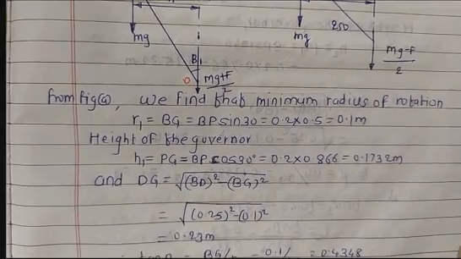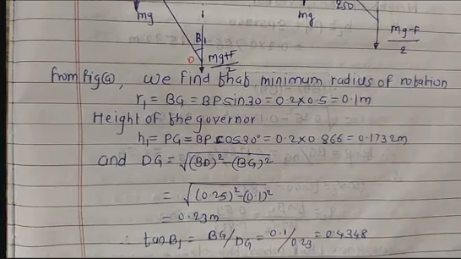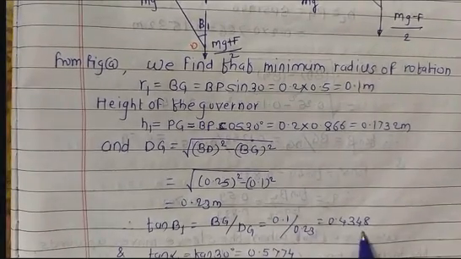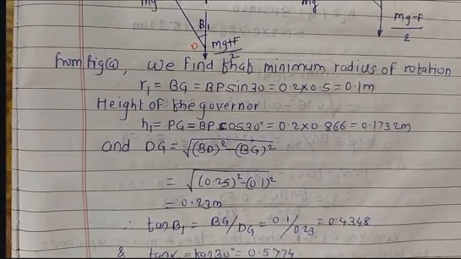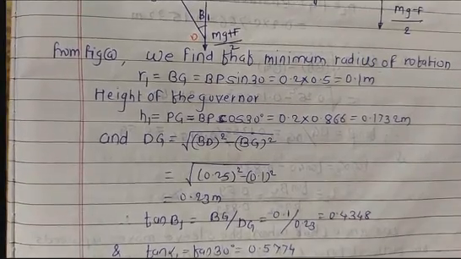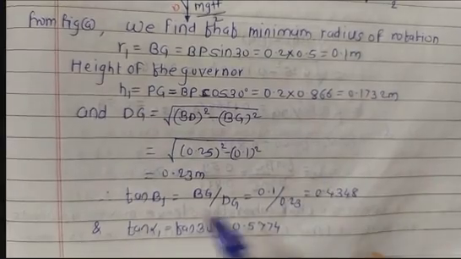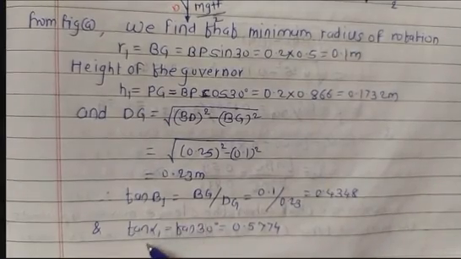Okay, in this case we can get the value for tan of beta 1 in this way, then tan of alpha 1 in this way. So why are we doing the calculations for tan of beta 1 and tan of alpha 1?